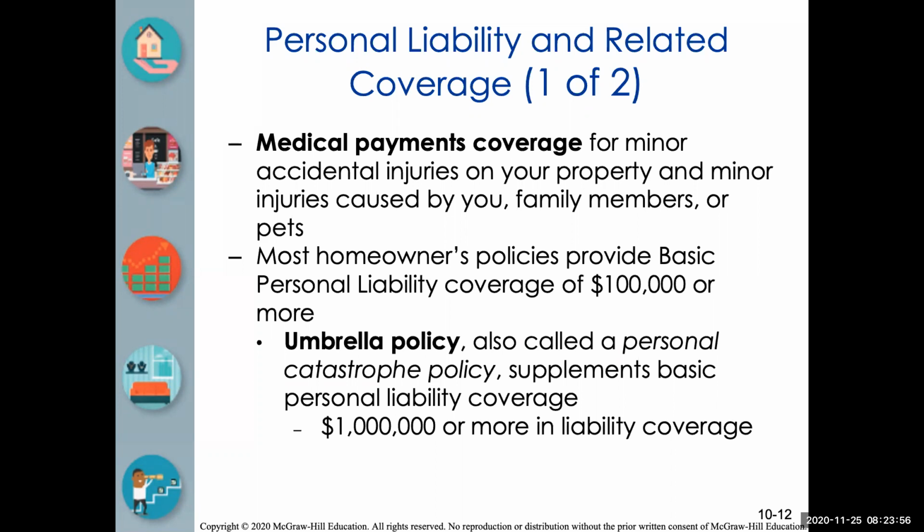That's why we call it the personal catastrophe policy: if this policy actually gets enacted, then something really catastrophic had to happen. But it's cheap, you can usually bundle it with what you've already got, and I strongly recommend everyone look at getting an umbrella policy.